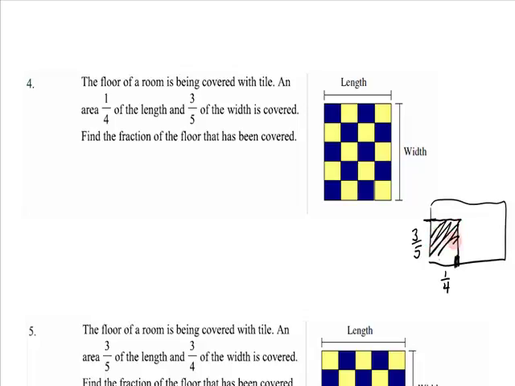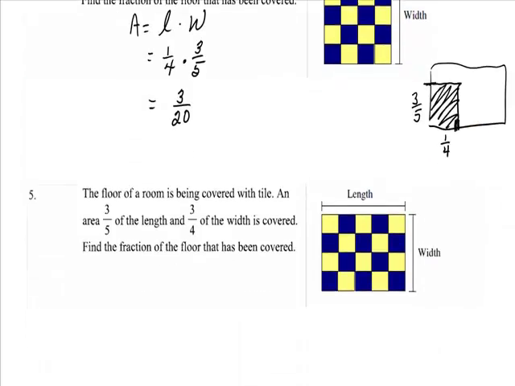In other words, that's area. So the area is the new length times the new width. So it is 1/4 times 3/5. 1 times 3 is 3. 4 times 5 is 20. So 3/20ths of this floor is getting covered. I don't have an accurate picture, but it gave you an idea.